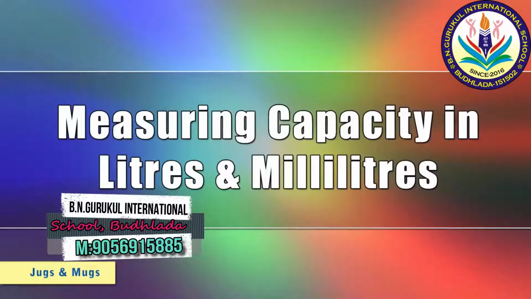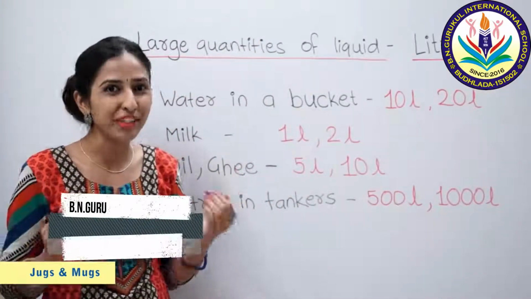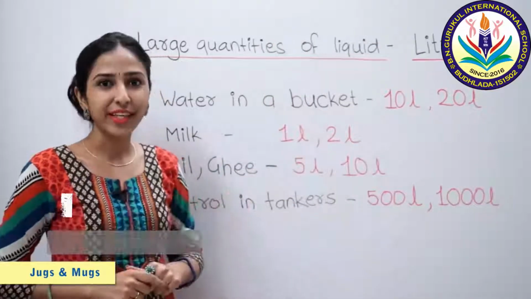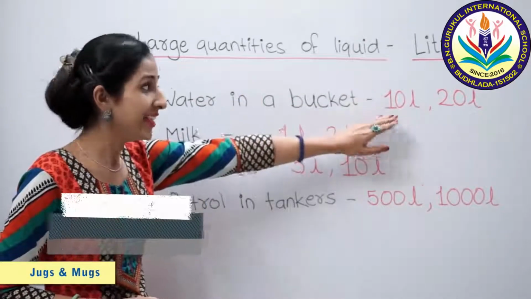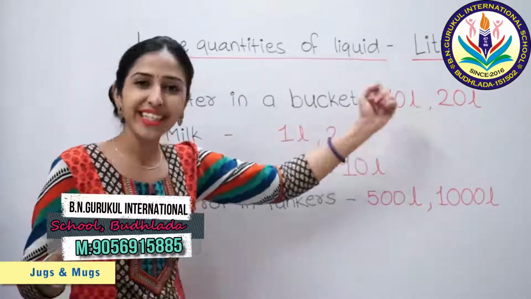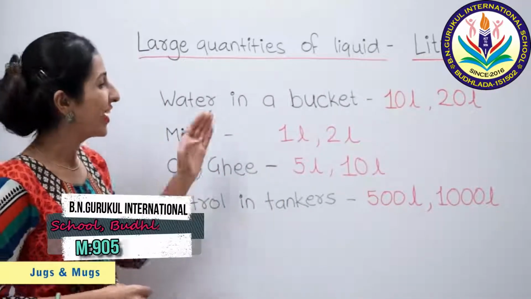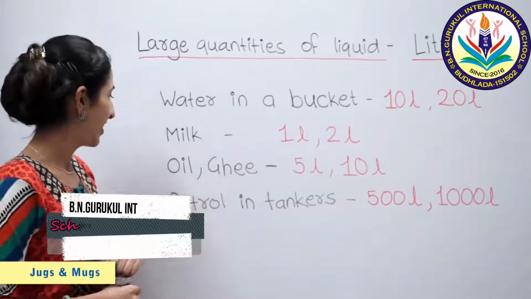Measuring capacity in liters and milliliters. Large quantities of liquid are measured in liters. For example, water in a bucket, 10 liters, 20 liters. Milk that we buy, 1 liter, 2 liters.